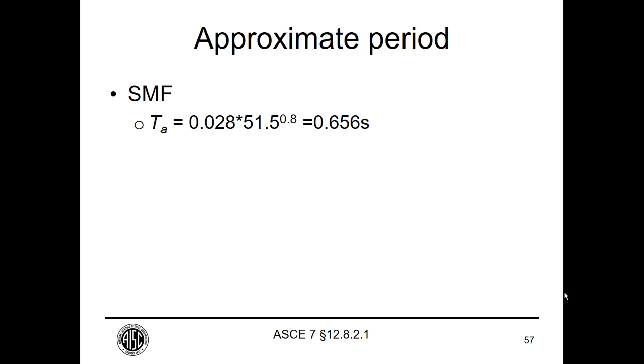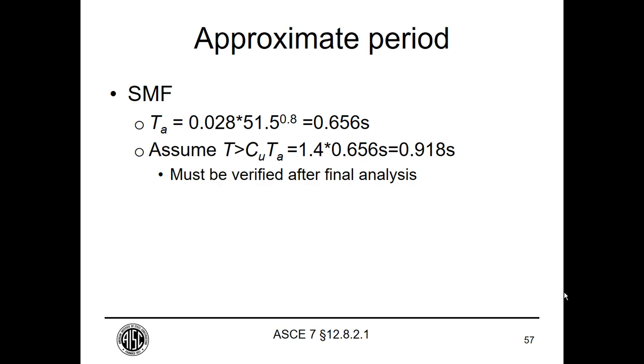Okay, so this is the approximate period from ASCE 7 for the special moment frame, about 0.66 seconds. We're going to assume that when we model it, it's going to be over Cu Ta, so that we will be governed by Cu Ta, the maximum period that ASCE 7 will allow us for this structural height, which is 0.92 seconds.